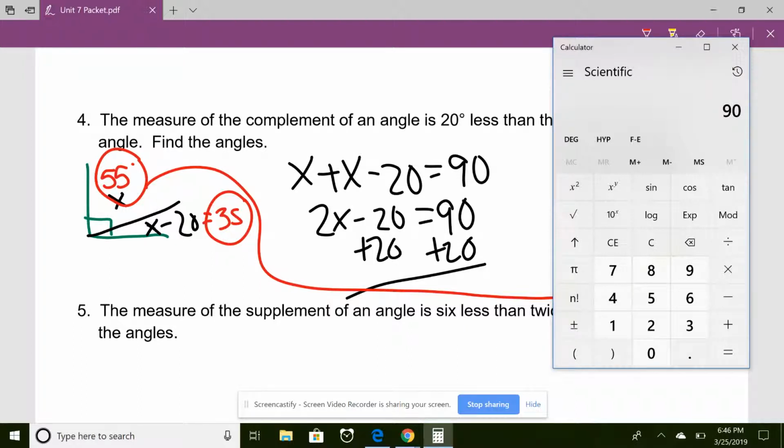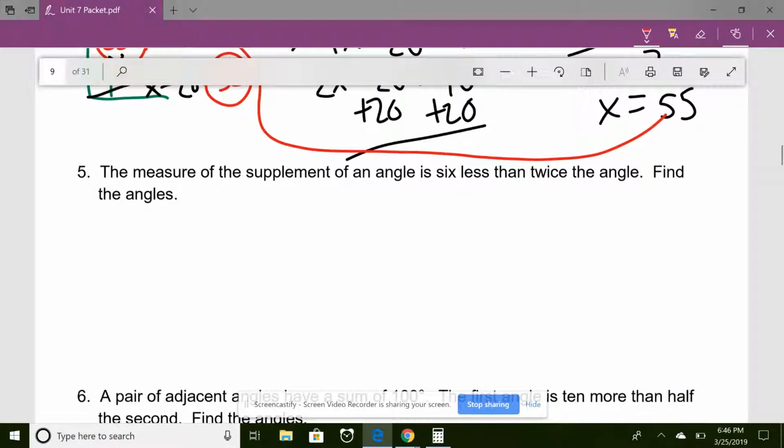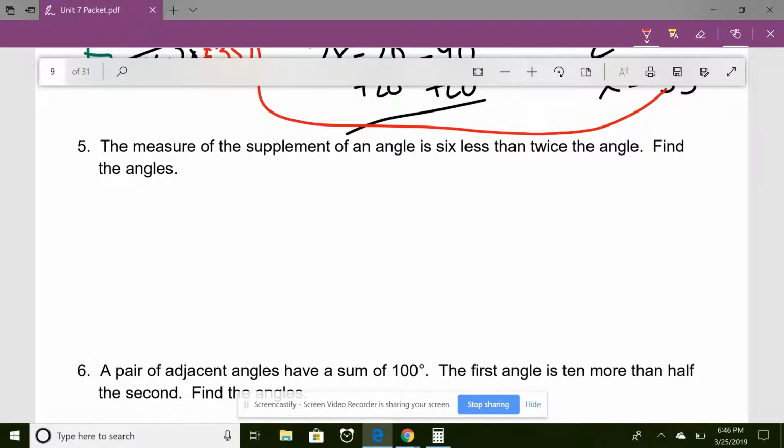So again, we define the relationship between the two. First one we had, they were equal. This one they added up to 90. Now if we have something that's supplementary, like the next one, supplementary angles form a straight line. So we have two angles that form a straight line. One is 6 less than twice the other angle.